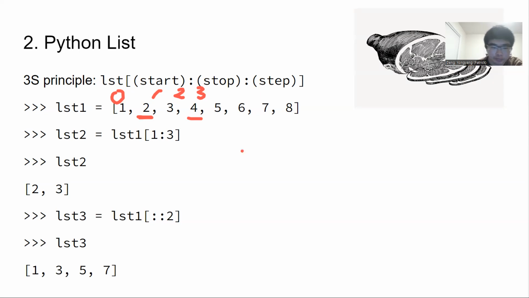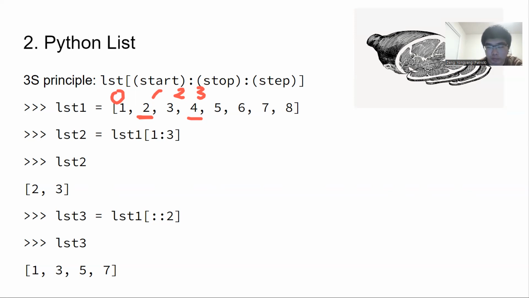So if you don't want to talk about start or stop, you don't have to write anything at that place, but instead you should use colons to separate them, to show that I want to use the step.